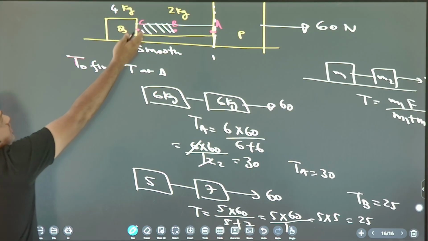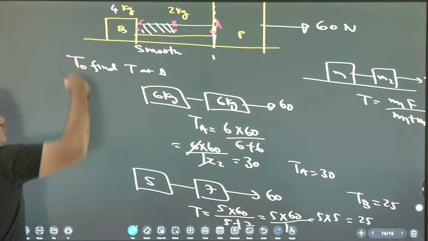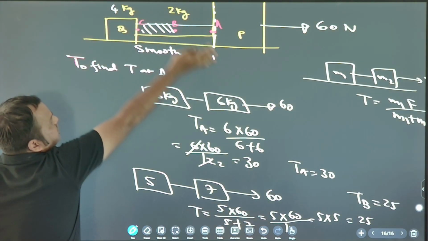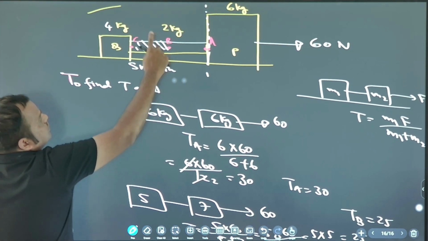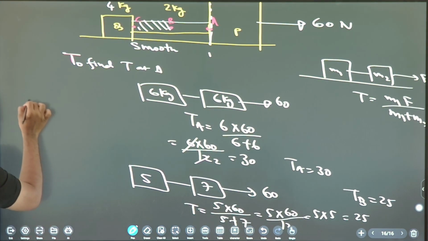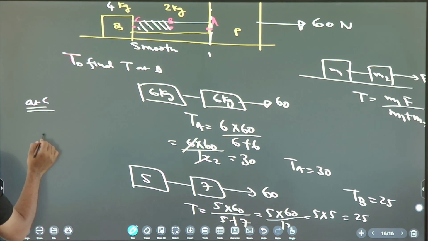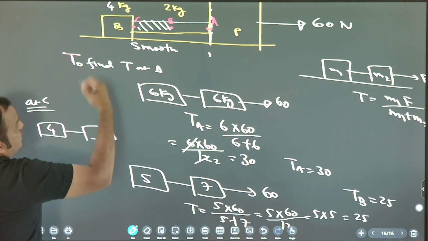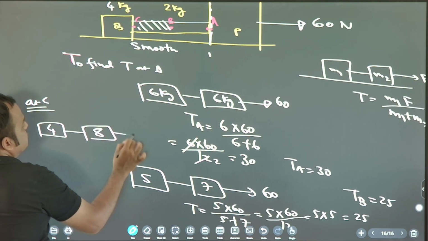Now I want the tension at C. So what is the mass on the left side? Left side mass 4. Right side mass 2 plus 6, so 8.